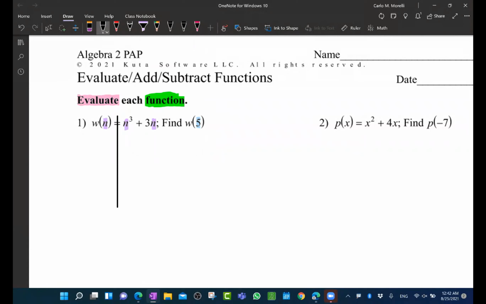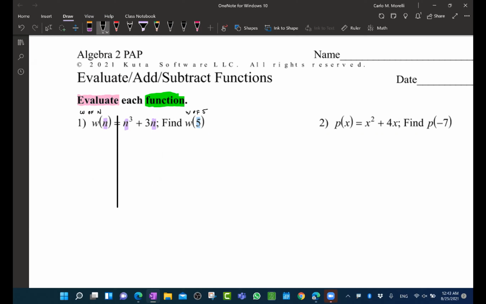So we'll just work this problem. The way we say this is we say W of n, okay? So that's how you say that. Over here, it's W of 5.